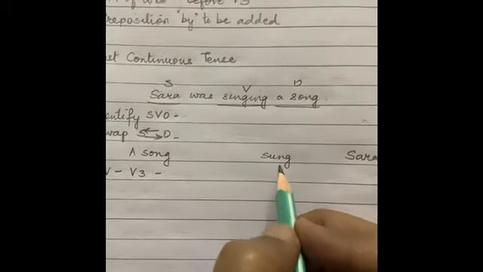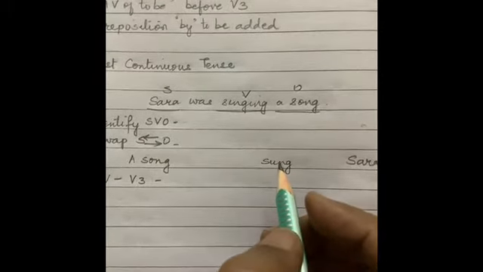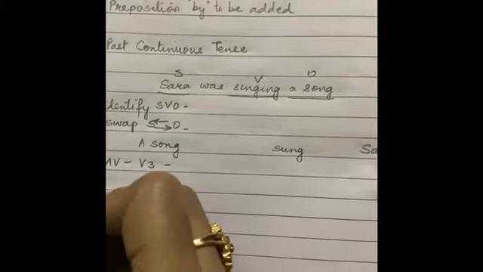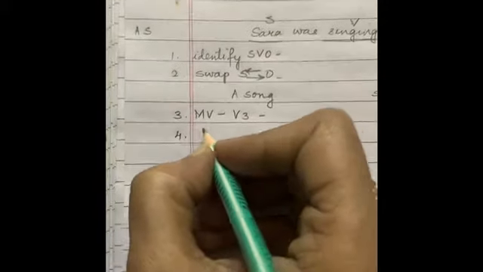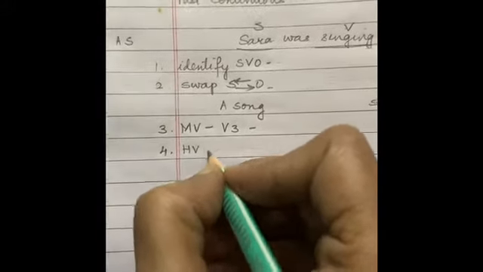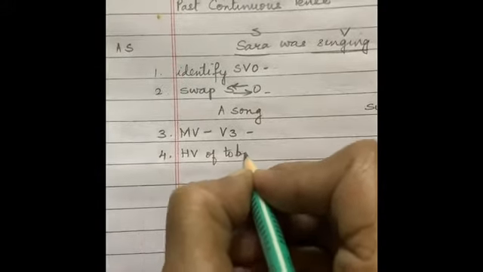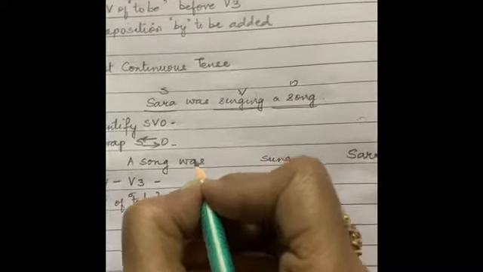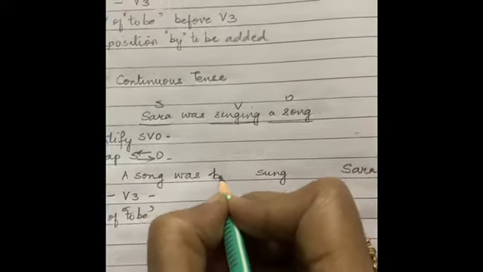Sung. Now adding a suitable helping verb of to be, the 4th step. Helping verb of to be. So it will be was being.